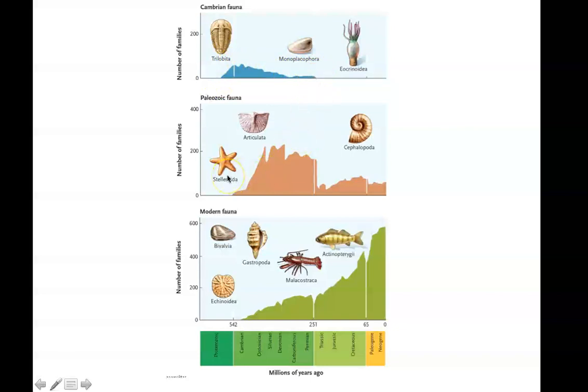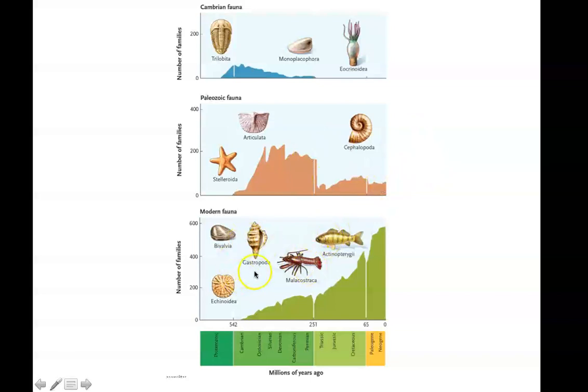This is the number of families represented by mollusks, so you can see a similar tale. They increase a little bit later in the Paleozoic. They decline a little bit, and then the Permian extinction really puts a hurting on them. They bounce back a little bit, and then we get another drop at the KT extinction, the asteroid impact, and then their numbers have remained more or less constant ever since.